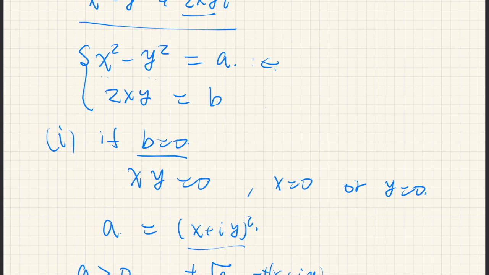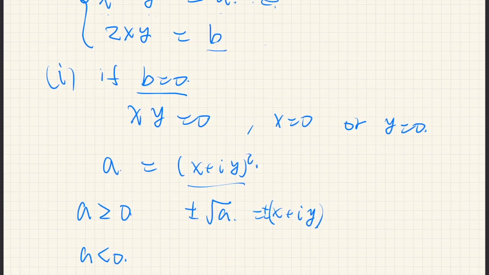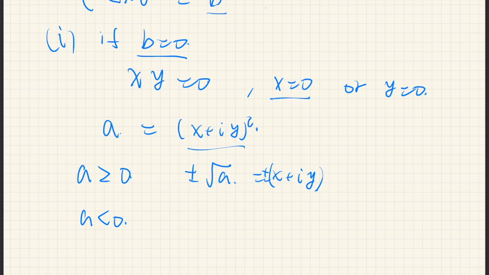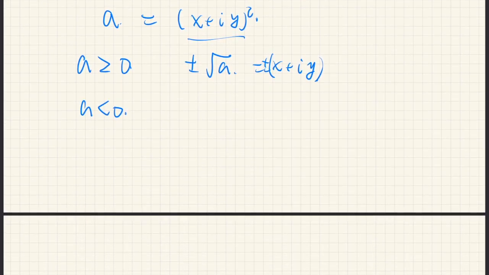So if a is negative and b is 0, either x is 0 or y is 0. If y is 0, then x squared is always non-negative, so it cannot be negative. That's impossible.